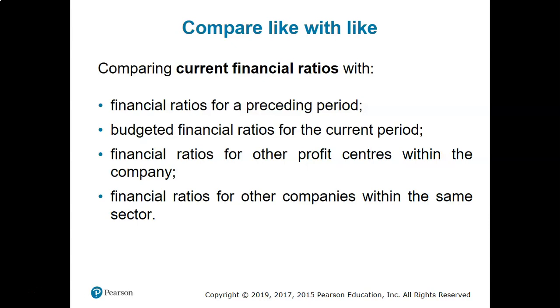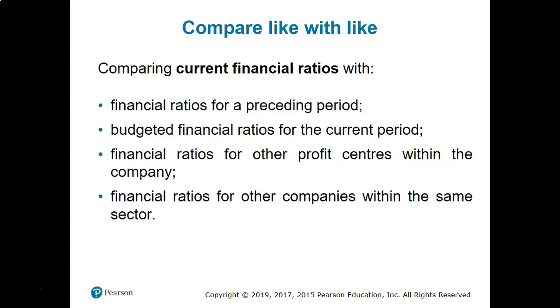Financial ratios for other profit center. So for example, if you want to compare the financial ratios of one branch of the company with another branch of the company, and financial ratios of different subsidiaries within a group of company, we can compare that as well.